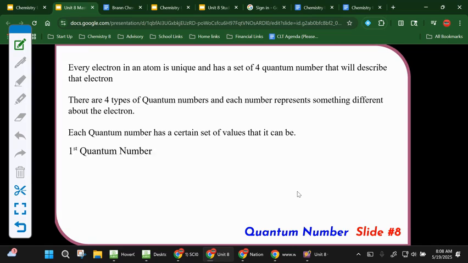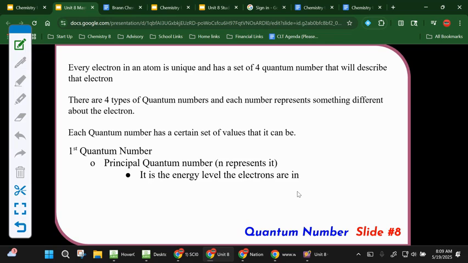The very first quantum number, ladies and gentlemen, the very first quantum number is called the principal quantum number. We use the letter n to represent it. In other words, there can be certain values of n that represent the principal quantum number. The principal quantum number is what energy level the electrons are in.